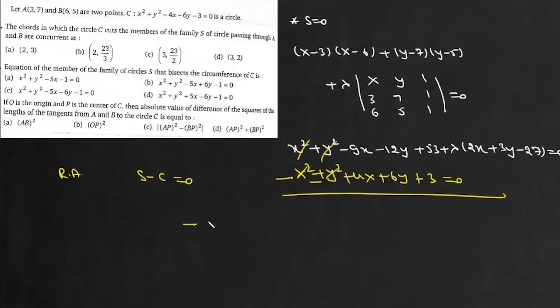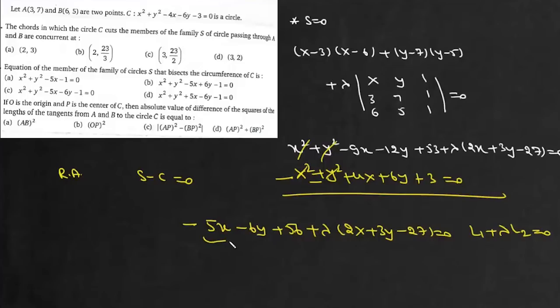So we'll get minus 5x minus 6y plus 56 plus lambda times 2x plus 3y minus 27 equals to 0, which is L1 plus lambda L2 equals to 0, which is a family of lines passing through the point of intersection of L1 and L2. So all these lines will be concurrent at the point of intersection of these two lines. Now we can write this line as minus 5x minus 6y plus 56 equals 0.